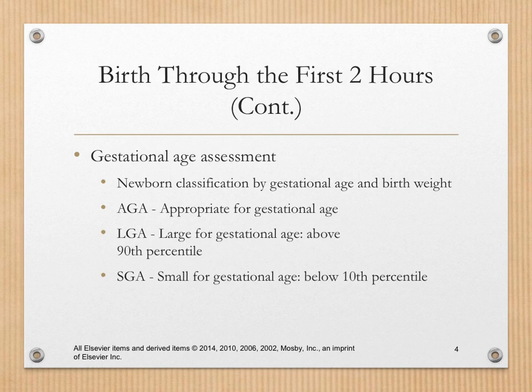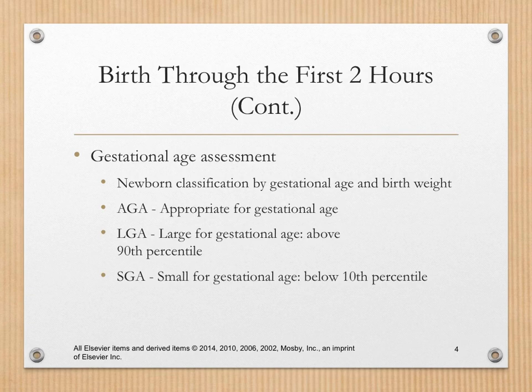The other thing that is done at the time of birth is a head circumference, a length, and a chest circumference. These are listed on page 587 in your textbook. It goes over that you're actually measuring the head at the widest part, which is your occipital frontal diameter, just right there above the ears.